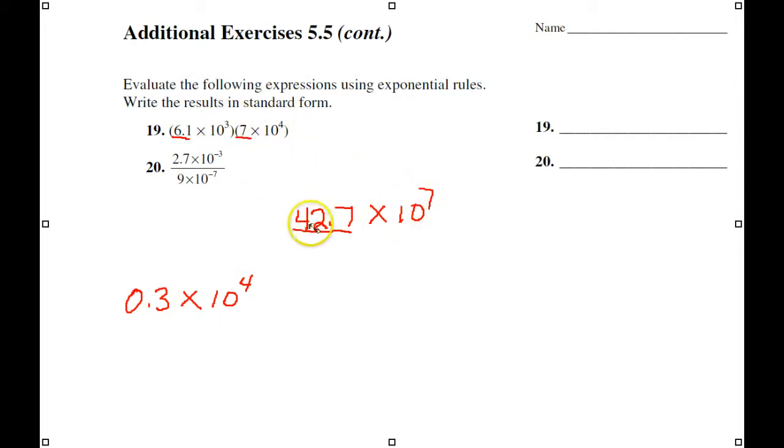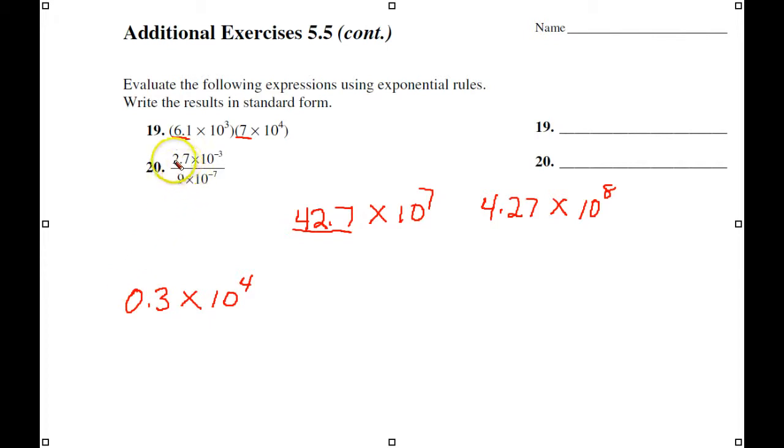Now keep in mind, this is not in scientific notation. To put it in scientific notation, I'd have to move the decimal over 1 and add 1 here. So that would be 4.27 times 10 to the 8th. But they really want us to put this in standard form, so we'll get back to that.